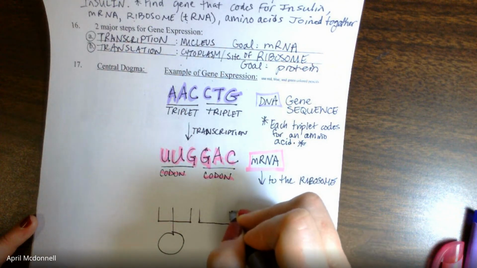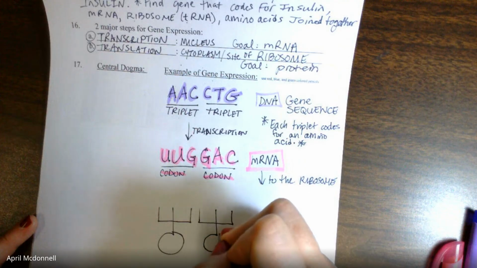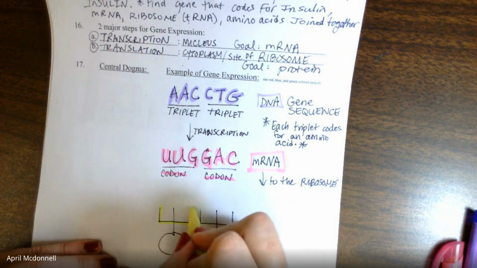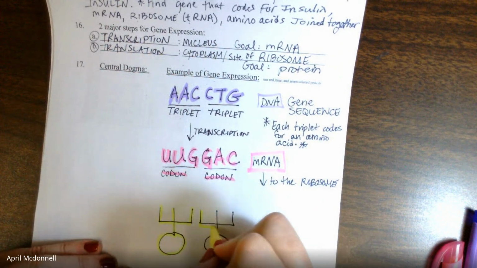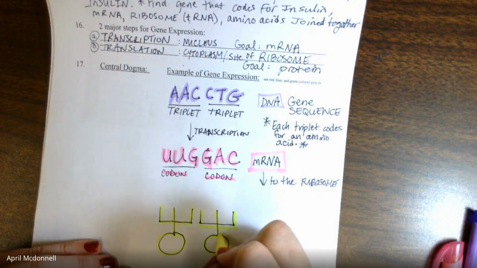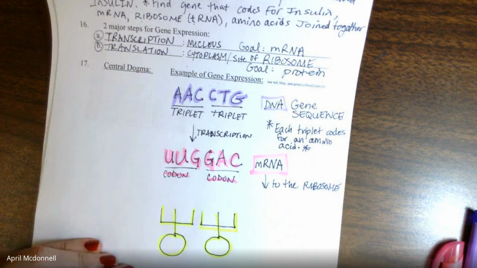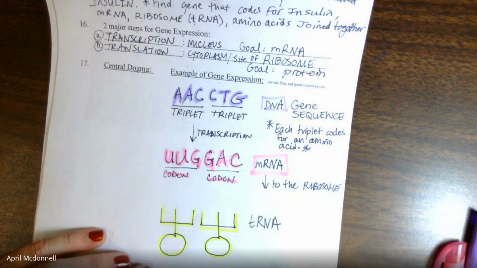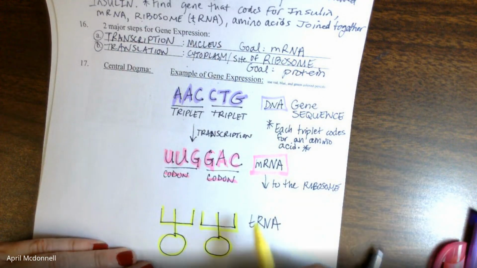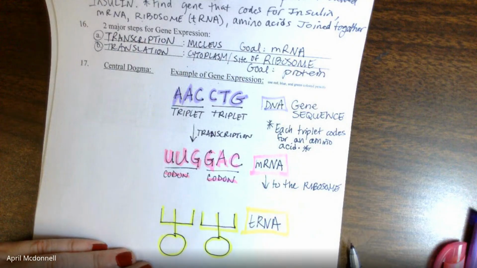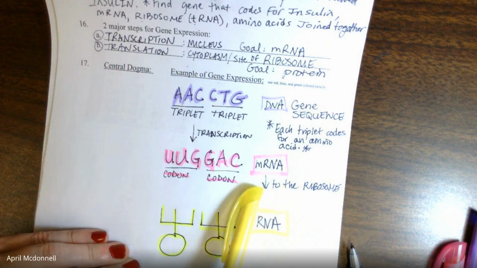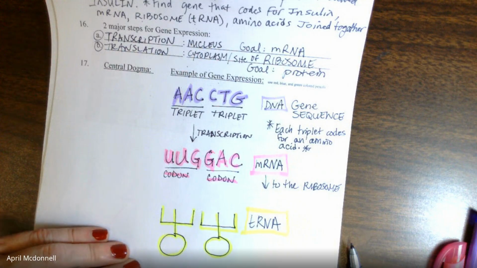They're individual molecules that are just floating around the cell and waiting to be put to work. So not only do we have the messenger RNA molecule moving to the ribosome, but the transfer RNA molecules will also move to the ribosome.